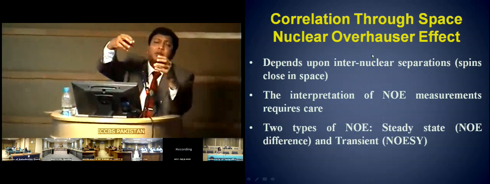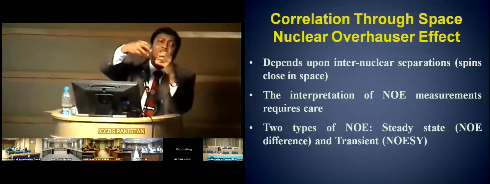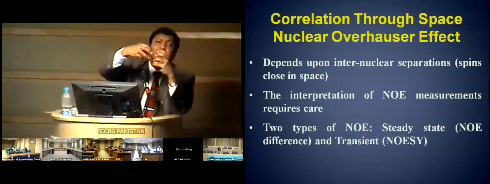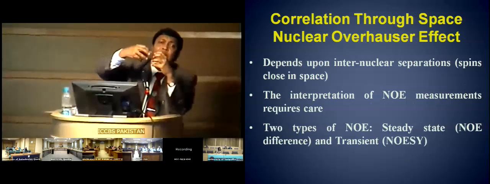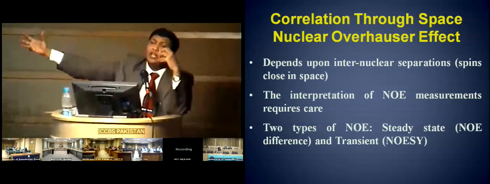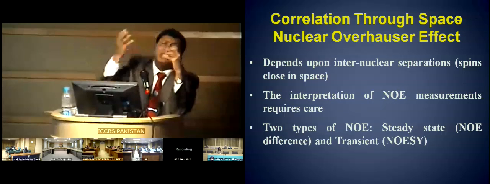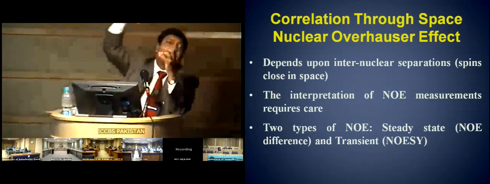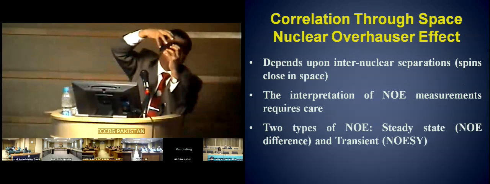So for instance, you have this proton and this proton close to each other in space, and that is translated into a nuclear Overhauser effect. If a part of my molecule which is far away shows an interaction with a part at the C terminal, that primarily means my molecule is folded in a very interesting way.